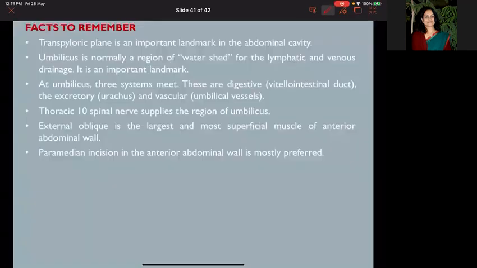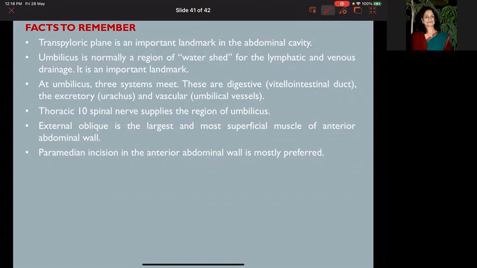This was about the introduction to the abdomen, or to the anterior abdominal wall. So we have talked about abdomen, abdominal wall, abdominal cavity, and an important landmark on the abdominal wall, that is the umbilicus, which acts as a watershed line for lymphatics and venous drainage.